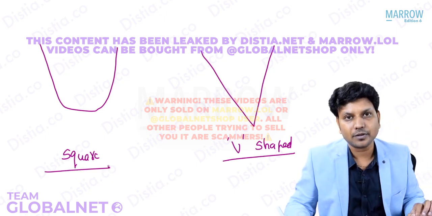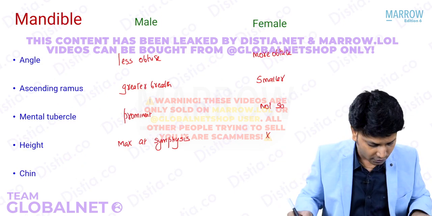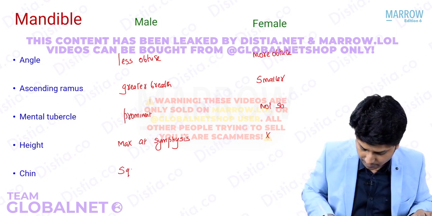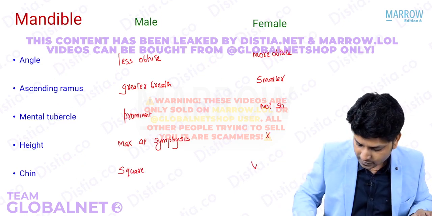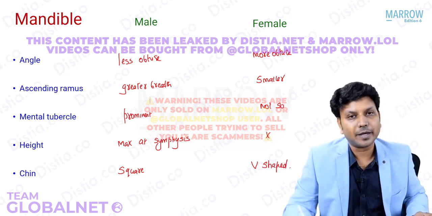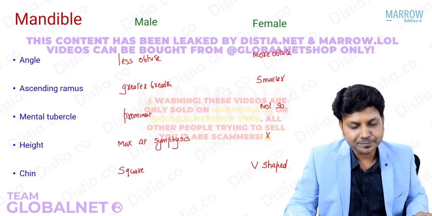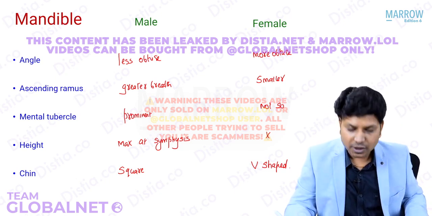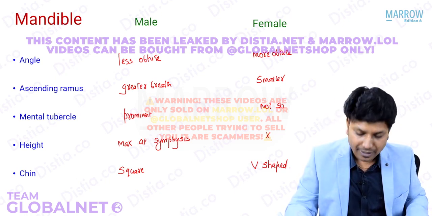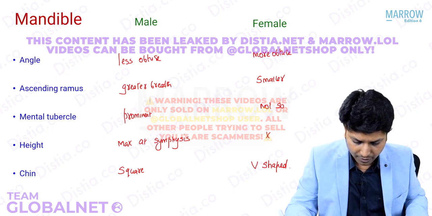Female mandible, you can see this is square. Male, it is V-shaped in case of female mandible. So these are the different characters of female and male mandible.